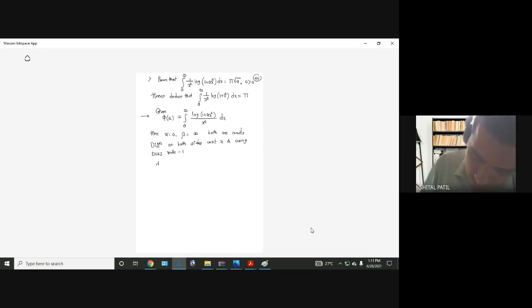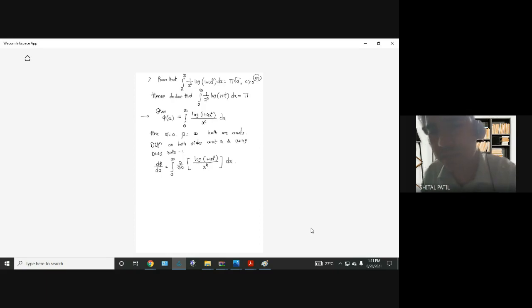So d phi by da equal to integration from 0 to infinity del by del a of log of 1 plus a x square. So you might have understood we have a problem due to the x square in the denominator. So let us see how we can remove that. No doubt integrating the log term is also difficult, both are problems, let us see how we can solve it.